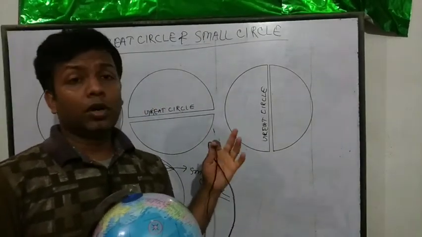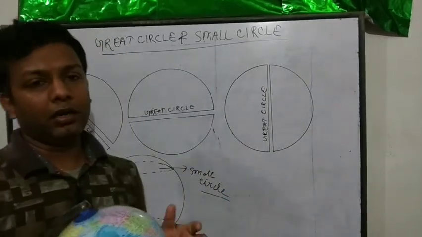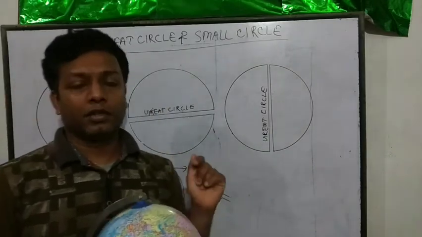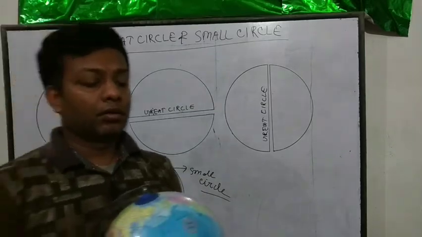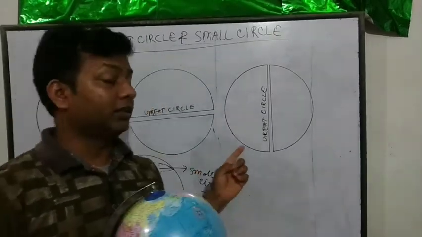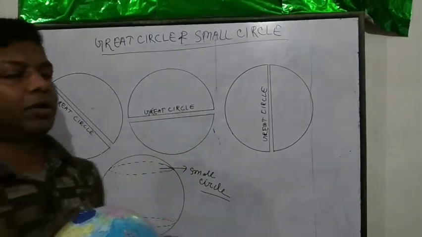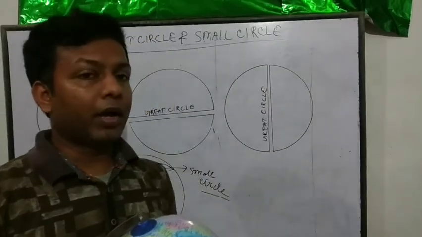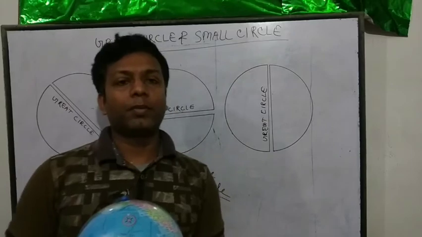Okay? So in navigation and air travelling, we would like to use the great circle because it saves our fuel and saves our time. But on land it is not possible because we have so many hurdles.